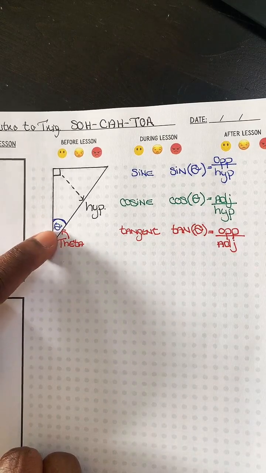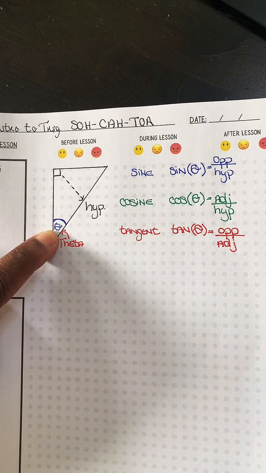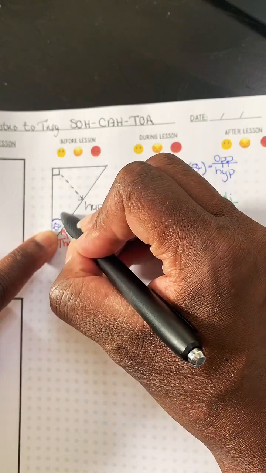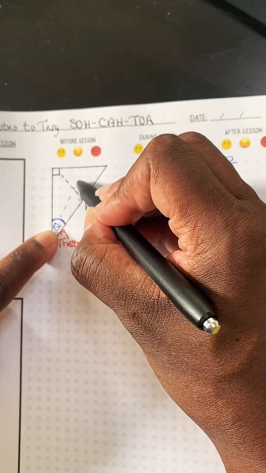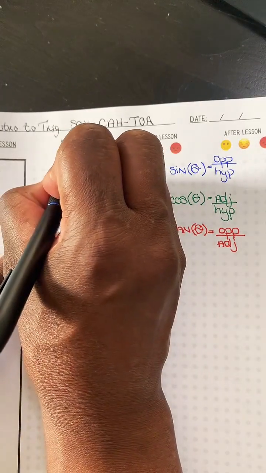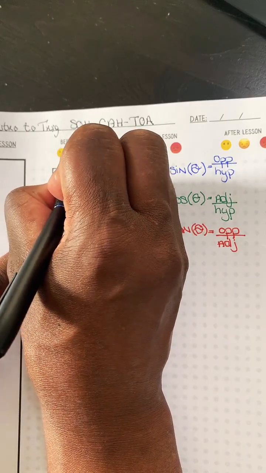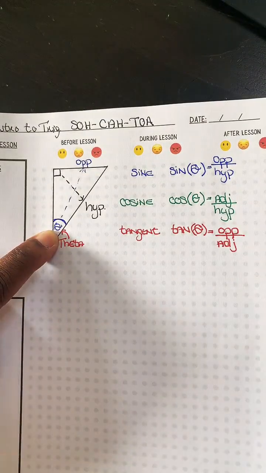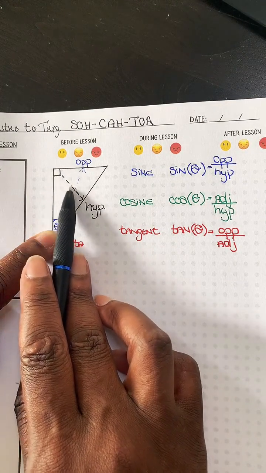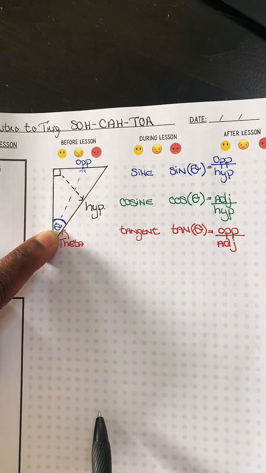So I'm using this angle. So if I want to see opposite, that means the side that is directly across from that theta will be labeled just for that triangle, right? Just for that angle. That's going to be labeled opposite. So this is always going to fluctuate. The only one that doesn't fluctuate is your hypotenuse. That's always going to be right across from your 90-degree angle.